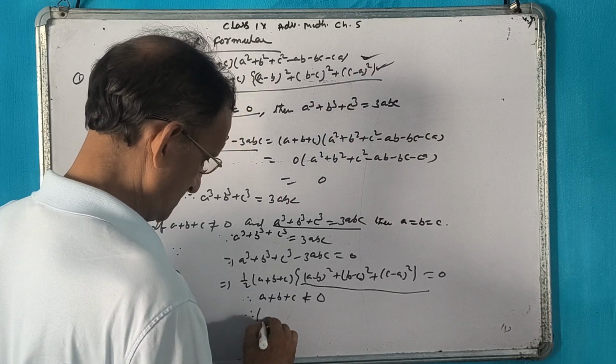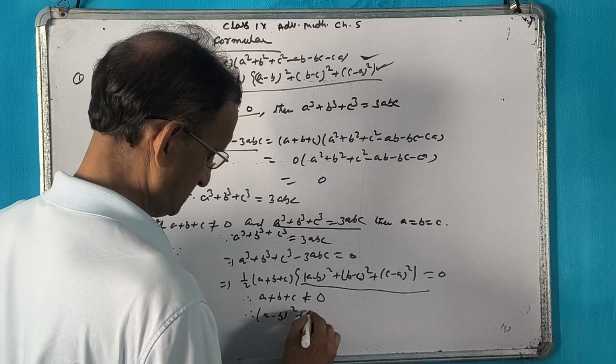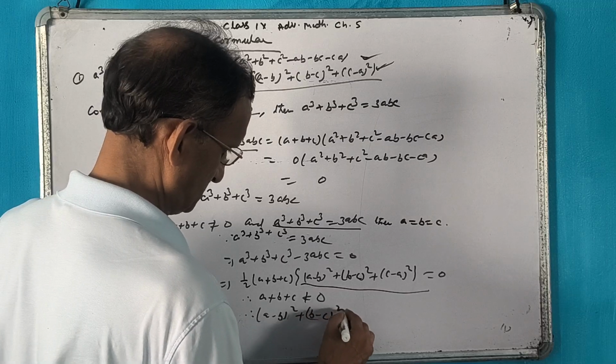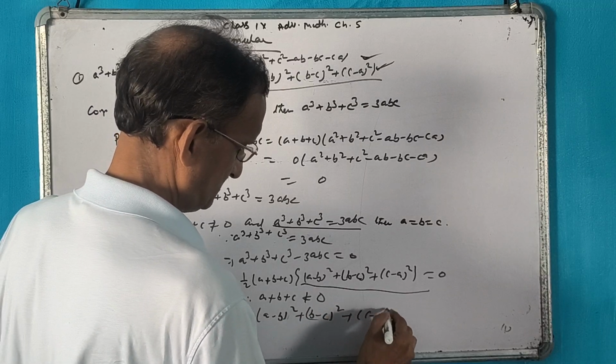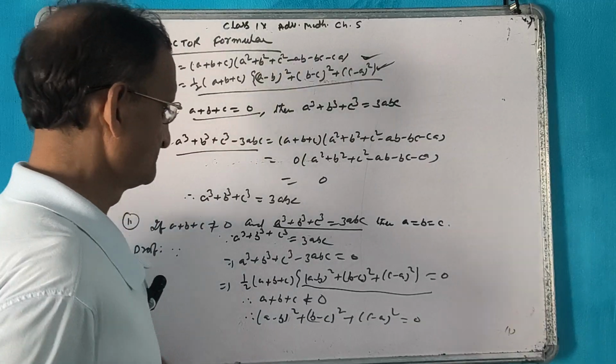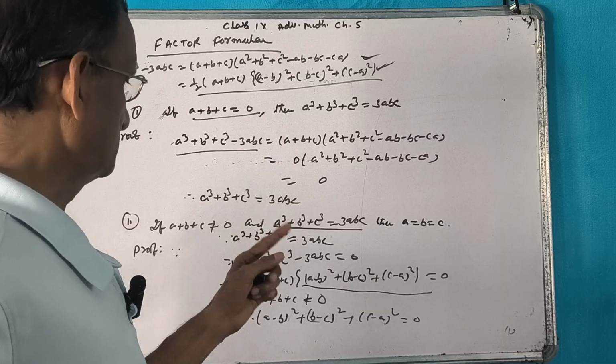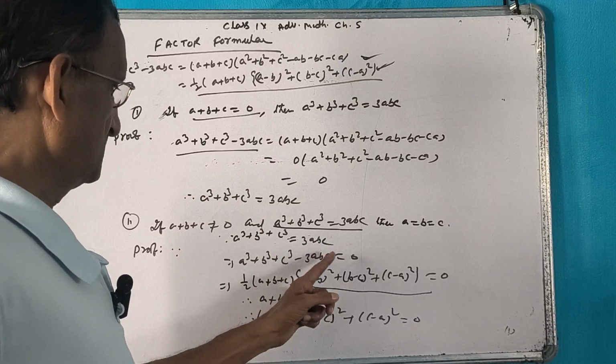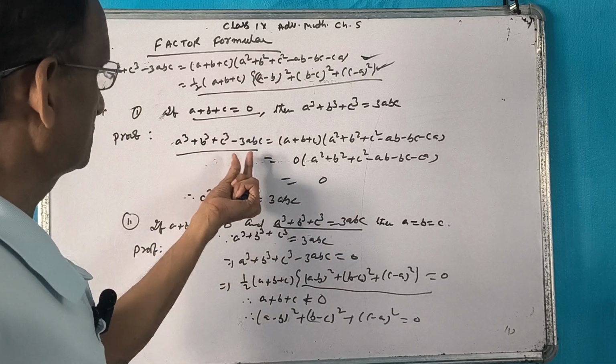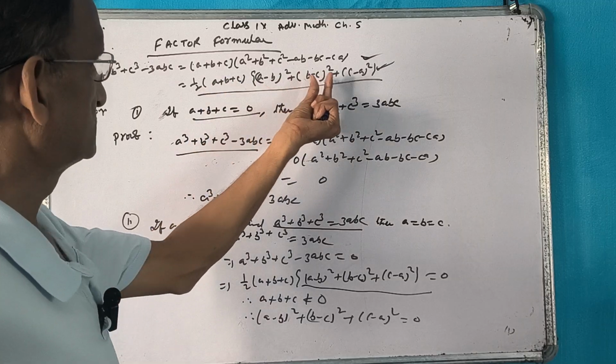What option? Therefore, a minus b whole square plus b minus c whole square plus c minus a whole square equals 0. Understood this? a cube plus b cube plus c cube minus 3abc is given, transpose this side and you will get 0. For this we have the formula half into this one.